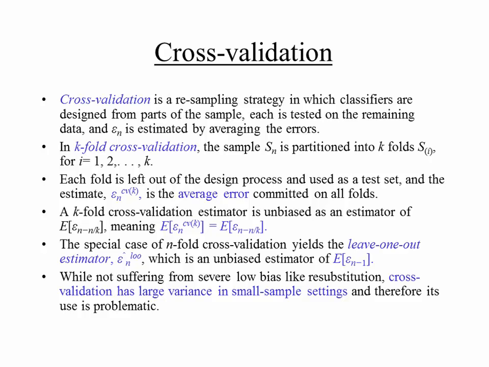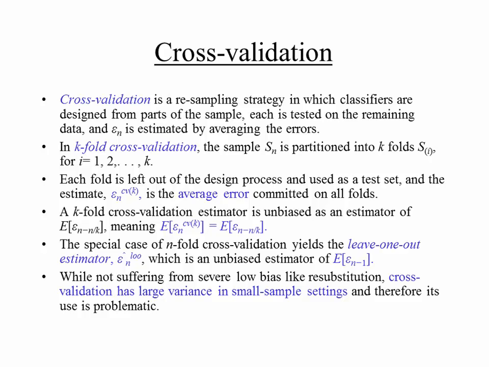If you're doing k-fold cross-validation, you will break up the sample Sn into k different folds. One of the folds you will keep for testing later, all the other k-1 you'll use for designing the classifier, and then see the proportion of mistakes it is making on that one fold that has been left aside.